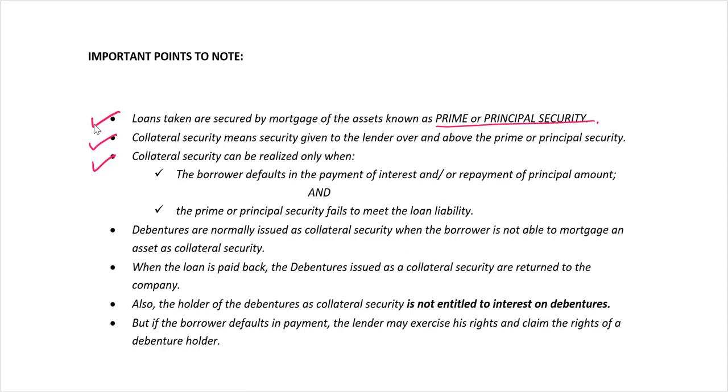One, the borrower must default in the payment of interest and or repayment of principal amount, and the prime or principal security should fail to meet the loan liability. So only when both these conditions are fulfilled, the lender can exercise his or her right on the collateral security.